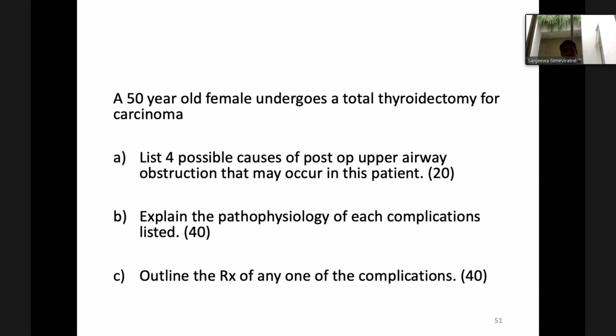Then what happens in each of those conditions? First one, recurrent laryngeal nerve palsy, what happens? The recurrent laryngeal nerve supplies the posterior cricoarytenoid, which is the only abductor of the vocal cords. What supplies the adductors? The superior laryngeal nerve.